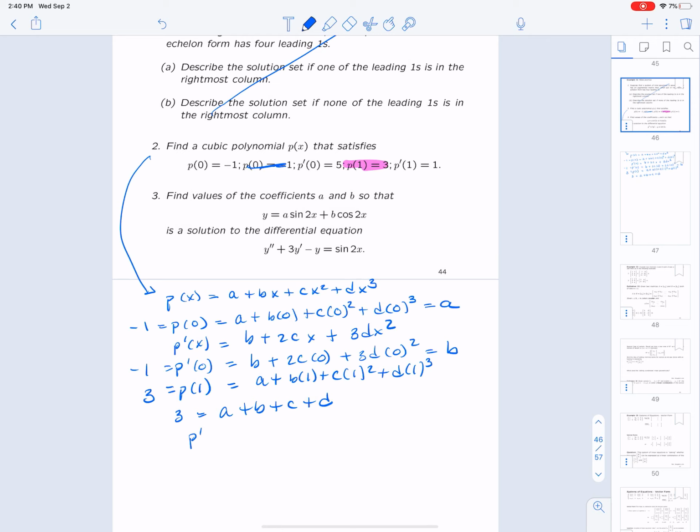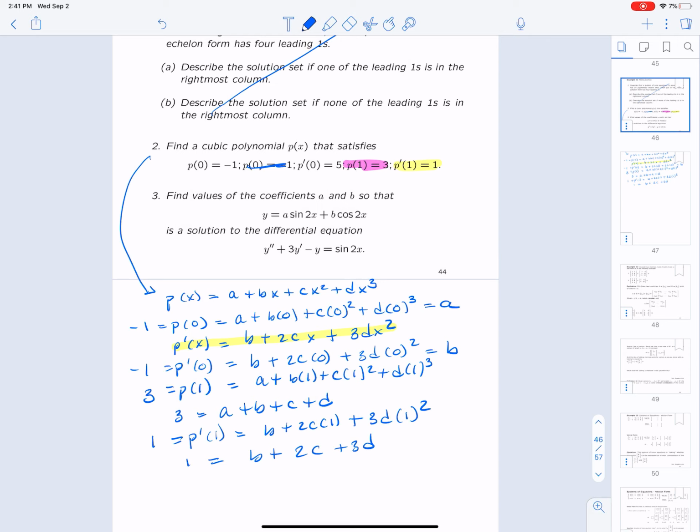And then p prime of 1, looking at this equation, that should be equal to 1. So now I'm plugging in to this equation here. I get b plus 2c times 1 plus 3d times 1 squared. So I get 1 equals b plus 2c plus 3d.